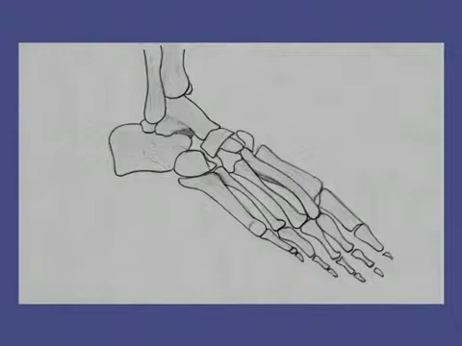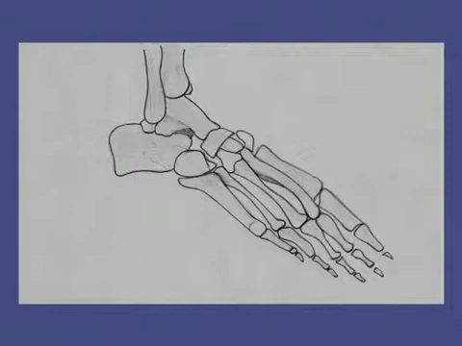Flexion and extension we already discussed. Abduction means away from the midline, and adduction means towards the midline. So these are the movements available in the metatarsophalangeal joint: flexion and extension, abduction and adduction.